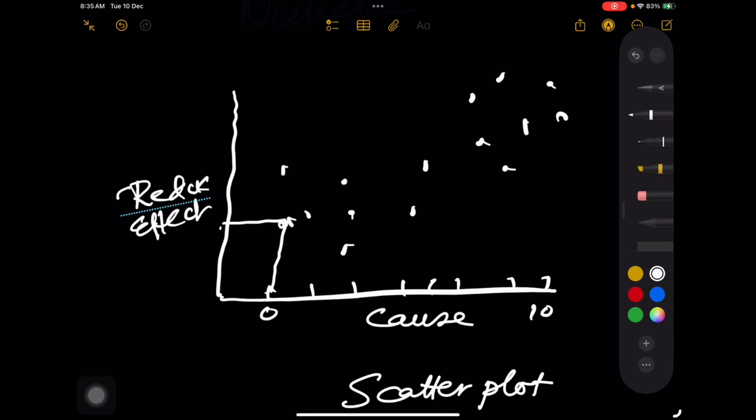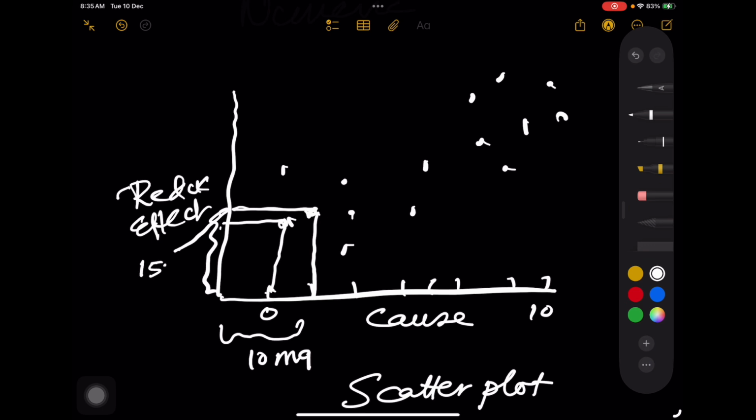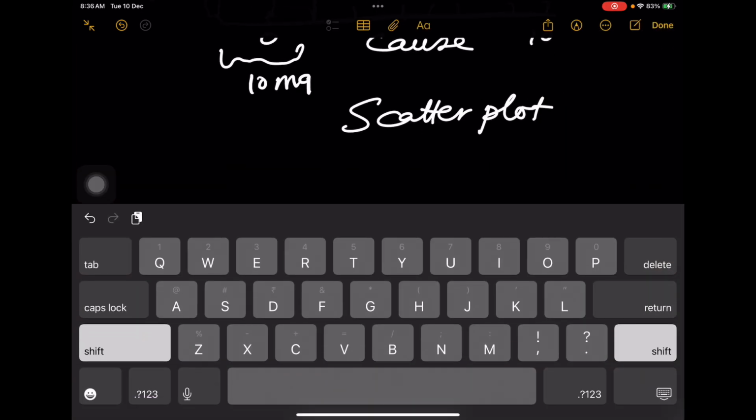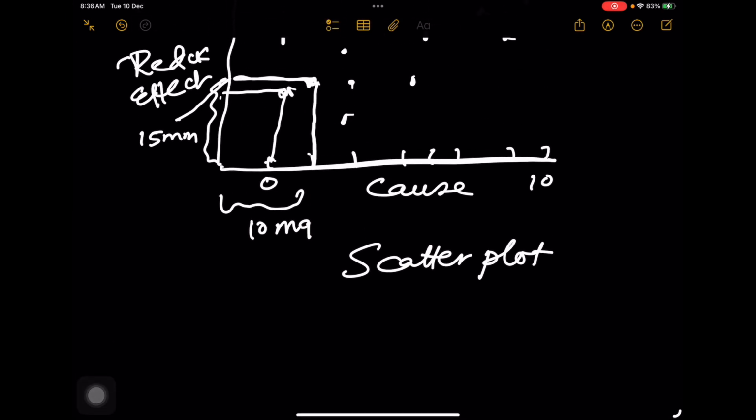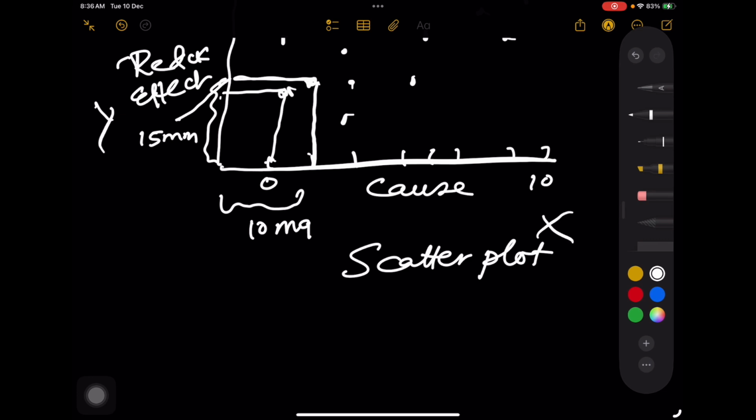For example, if this was the magnitude of cause, let us say 10 milligram, this much is the effect, let us say 15 millimeters of reduction in diastolic blood pressure. So each dot represents an association between the x-axis and the y-axis. So this is the y-axis and this is the x-axis.